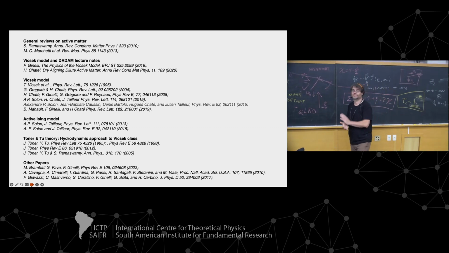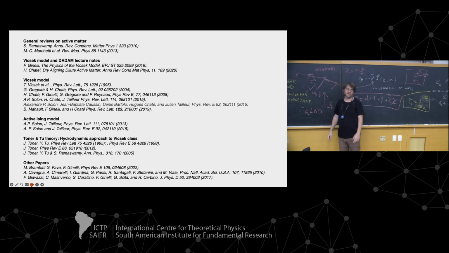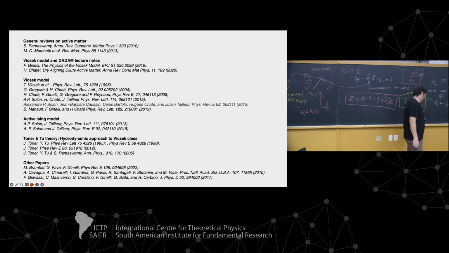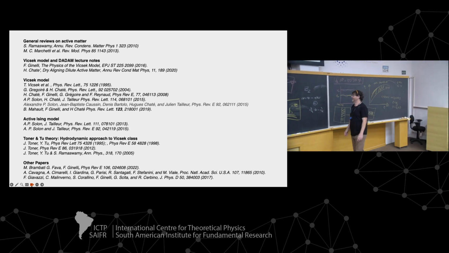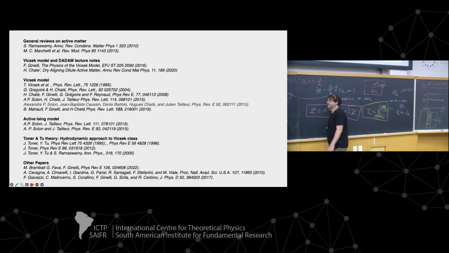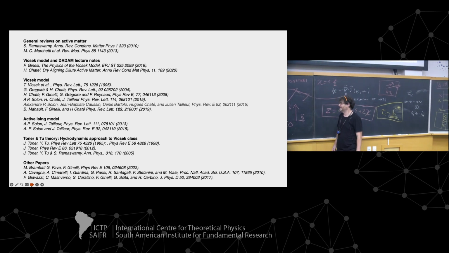More questions? I have one myself. A very big picture question: how do you see the future of the physics of flocking? Okay, my personal belief is that... flocking or active matter? Flocking. Okay, flocking.